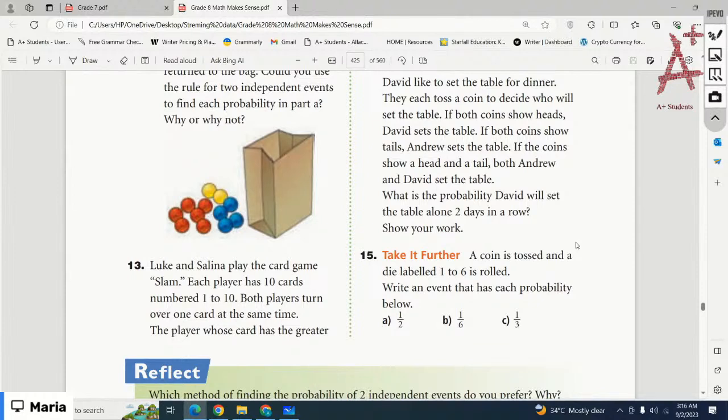1 by 2 is the event for the coin, because a coin has only two options, head or tail. And 1 by 6 is the probability for the die, because on a die you have numbers 1 to 6.